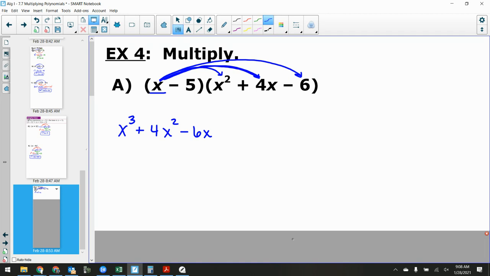Then we do the exact same thing with the negative 5. Negative 5 times x squared, negative 5x squared. Negative 5 times 4x, negative 20x. Negative 5 times negative 6, positive 30.